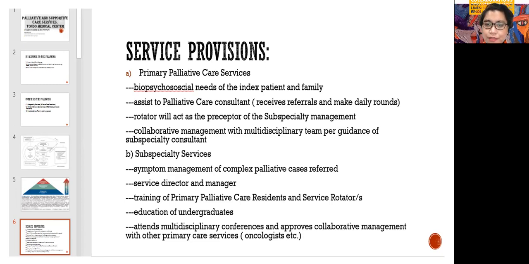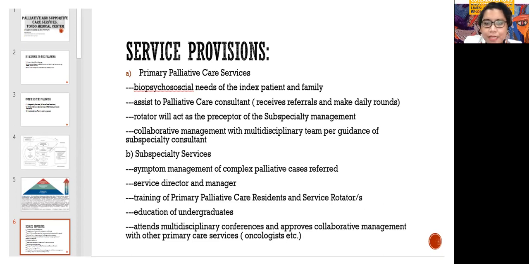Service referrals would be initially accommodated by them, and they will be making daily rounds as per the palliative care consultant's supervision, and the rotator will act as the preceptor of the subspecialty management and collaborative management with the multidisciplinary team per guidance of the subspecialty consultant.